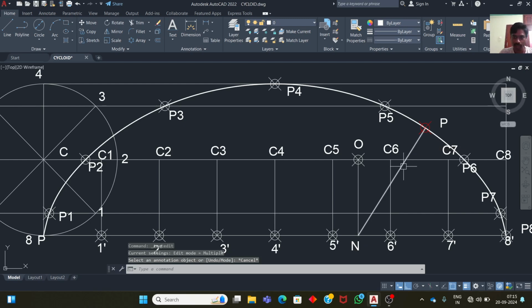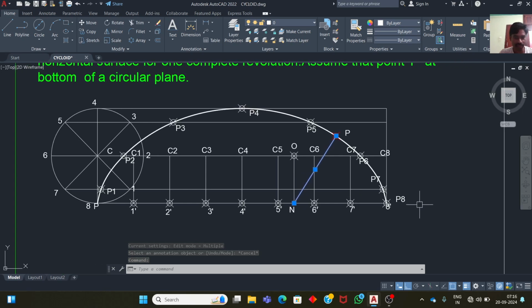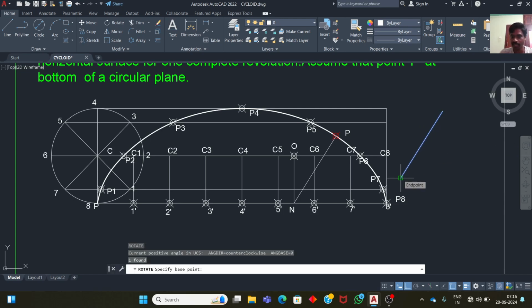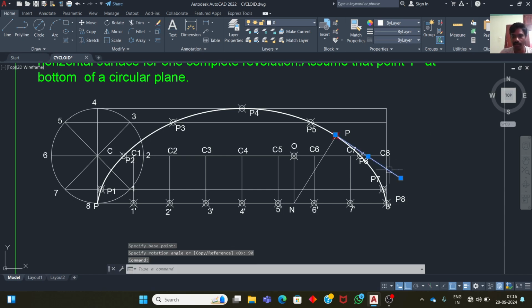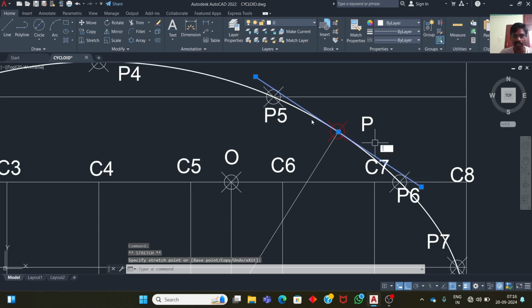Okay. Copy this line with Control C and Control V, paste it somewhere, and then rotate it 90 degrees. Select the base point and enter 90. Okay, so move this line to point P. This is the tangent line.